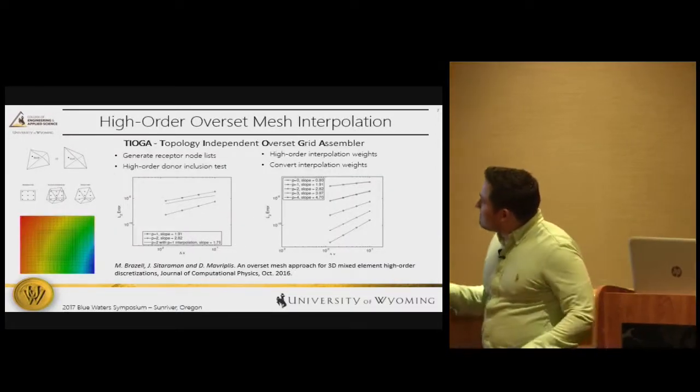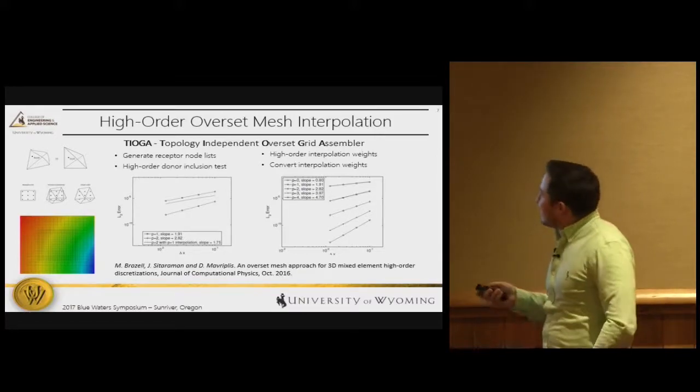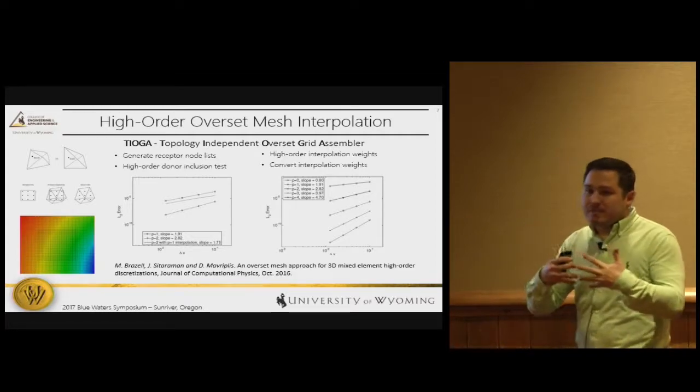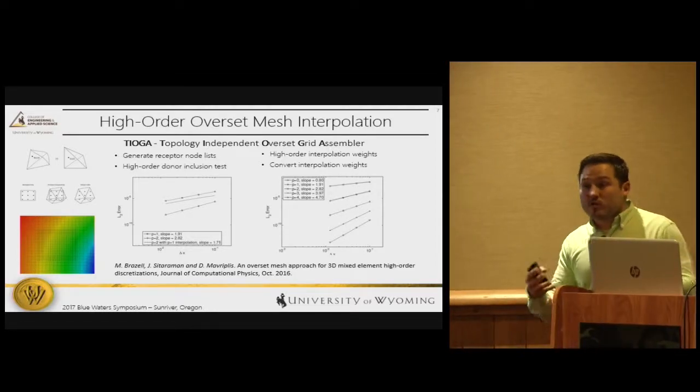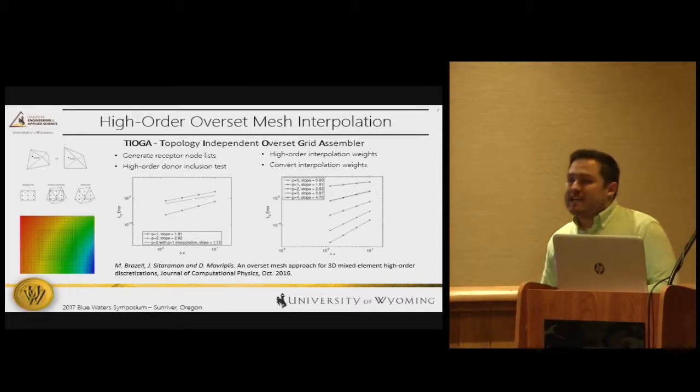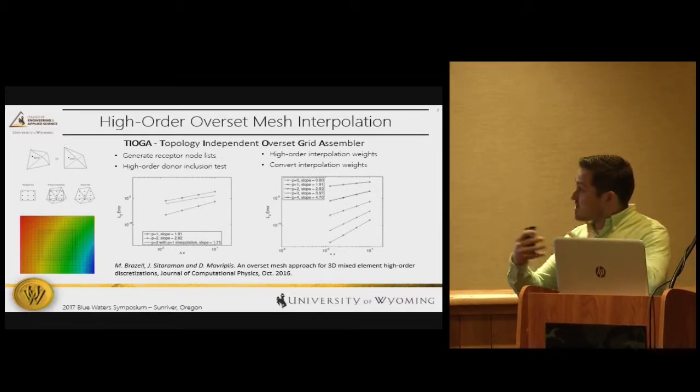These plots just show that we can interpolate between the meshes with exactly the correct order that is required. That way you're not losing any information when you're exchanging solutions.